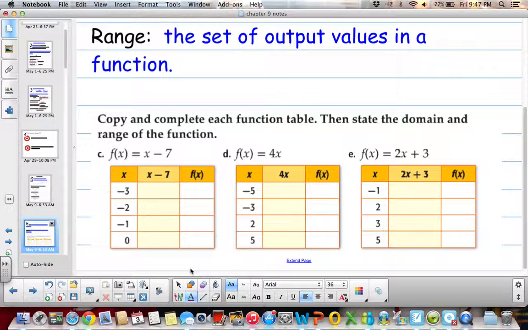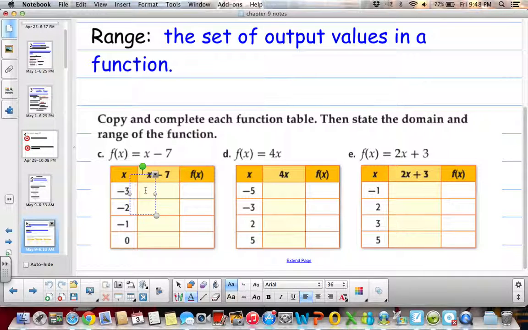These right here are examples of function tables. Here's our function, f of x equals x minus 7. All the numbers under x, negative 3, negative 2, negative 1, 0, these are our domain. And then the f of x values are going to be our range.